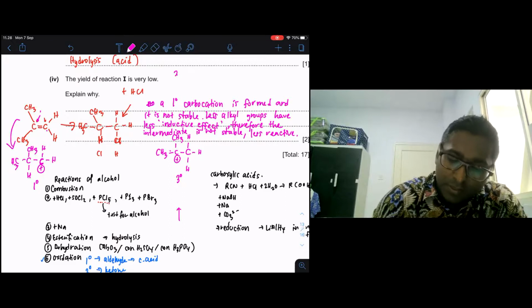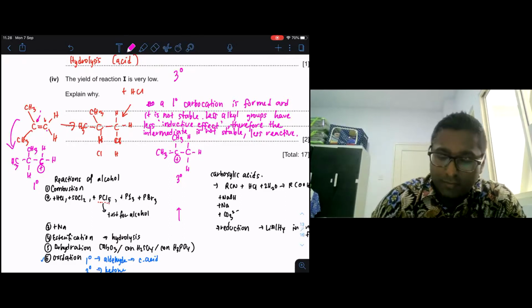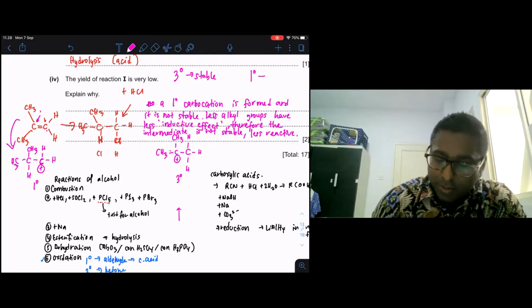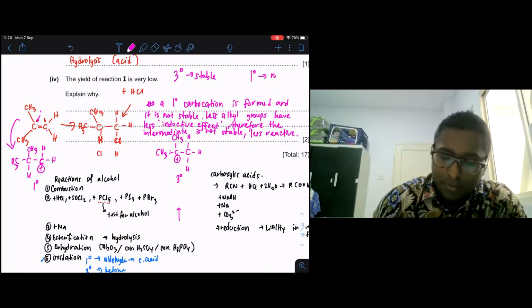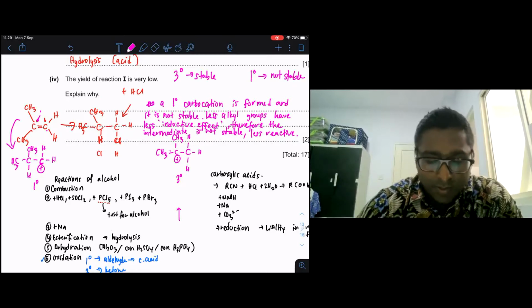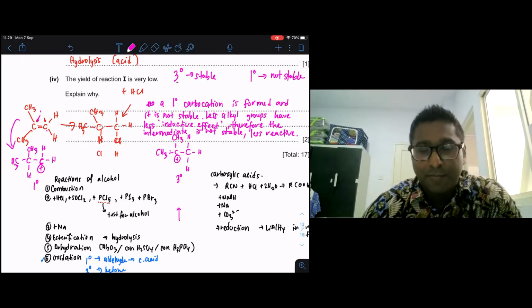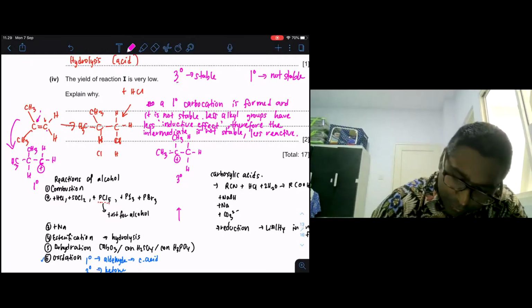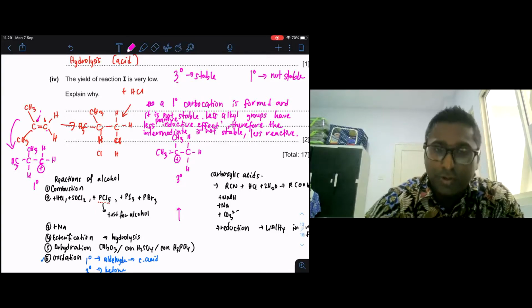Now, your tertiary carbocation is more stable compared to the primary carbocation, which is not stable. But now I'm introducing this term: if you have tertiary, it means the alkyl groups have a positive inductive effect. So I will put it over here, positive inductive effect. Positive means they will donate the electron.